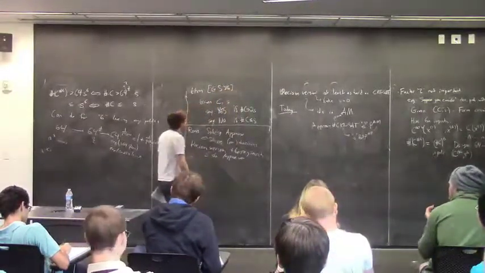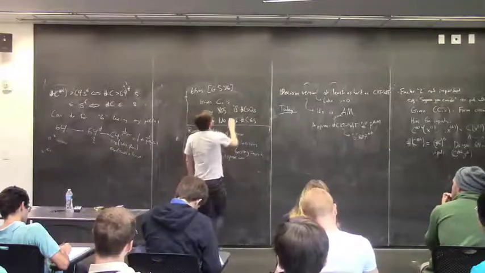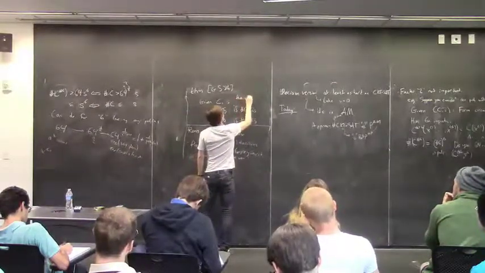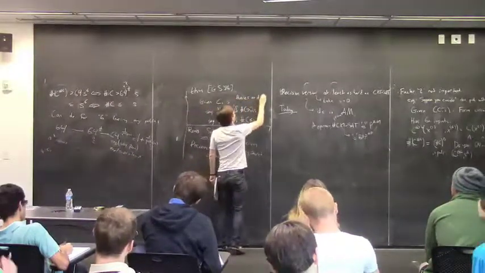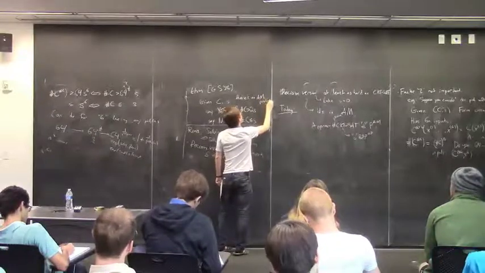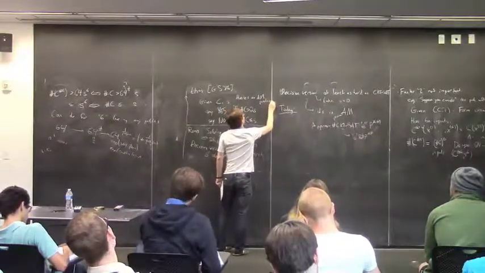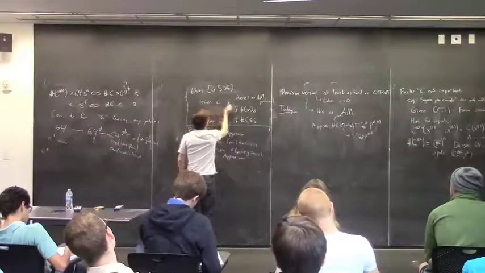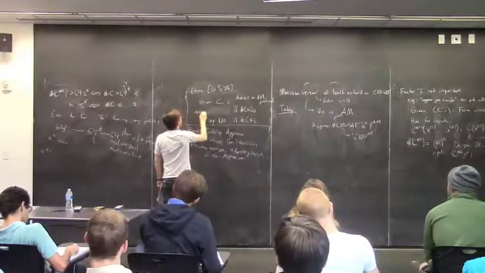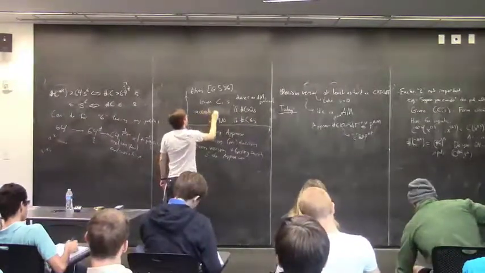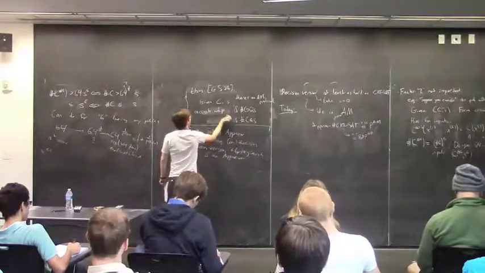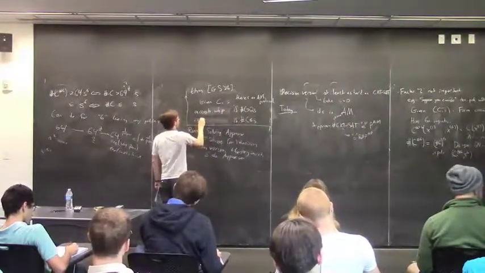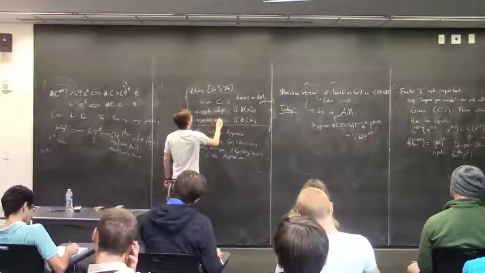So given this, there's an AM protocol which accepts with high probability if this, and rejects with high probability if this.